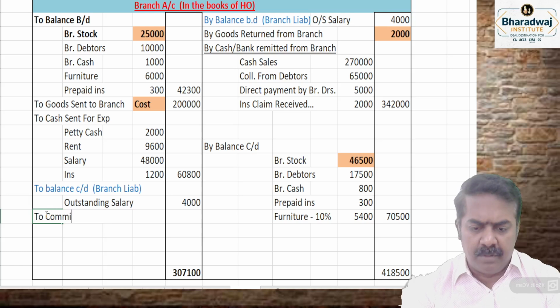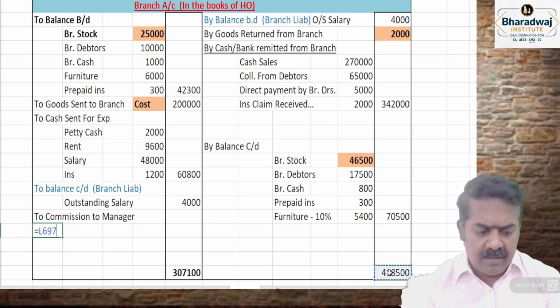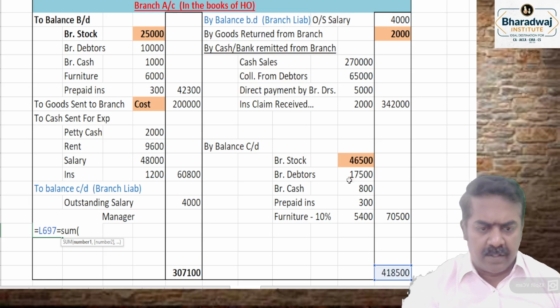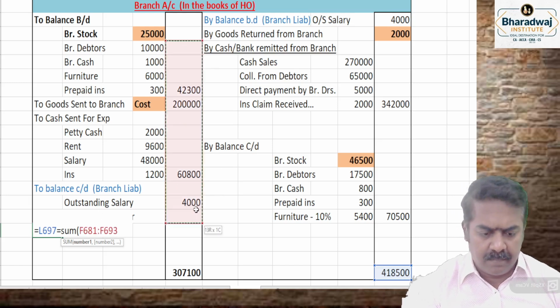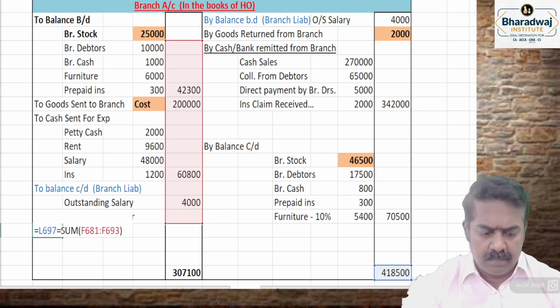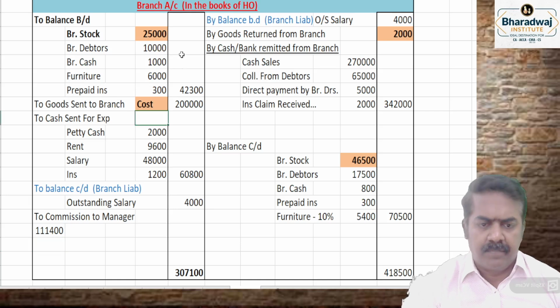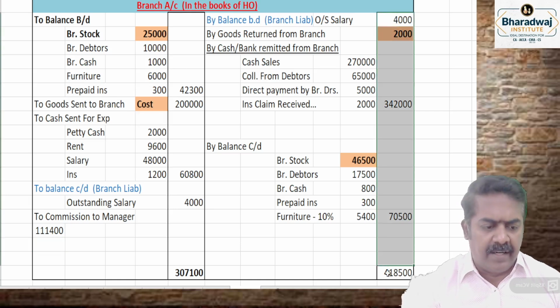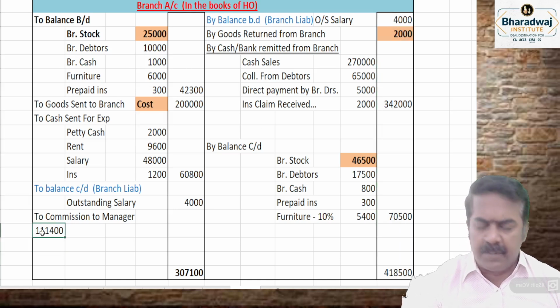To commission to manager, we have to pay. Total of all the credit items minus all the expenses so far. This is profit before charging commission.